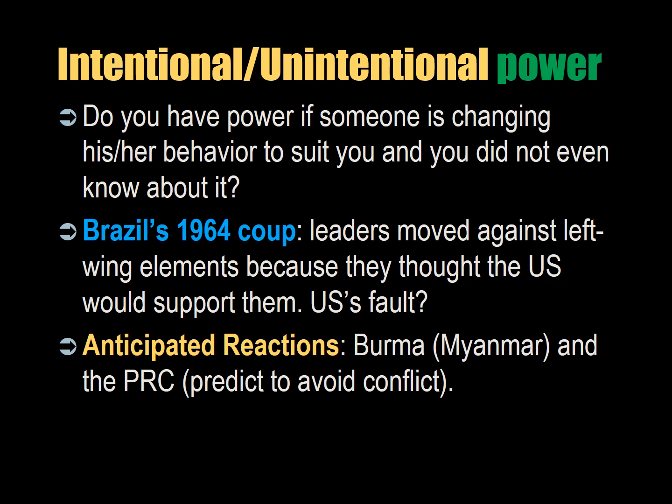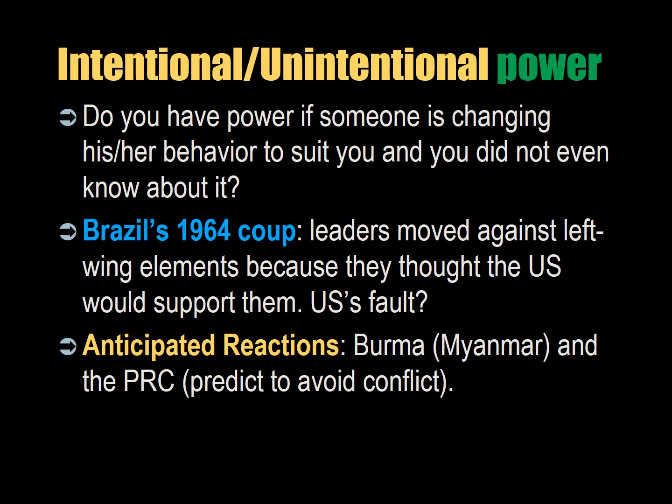Well, there's a classic example, which is the 1964 military coup in Brazil. Brazil's leaders were pursuing a path of state-directed economic policy, a form of socialism that the military didn't agree with. Many of Brazil's military officers had served during the Second World War with the Americans, Canadians, and British in Italy, fighting against the Germans and their Italian allies.